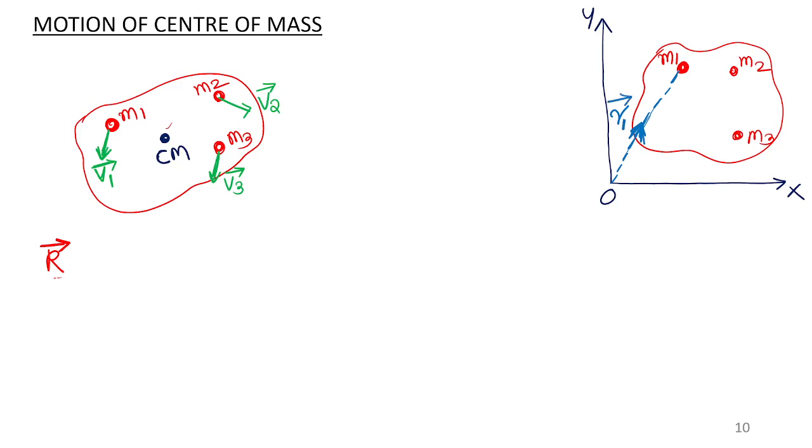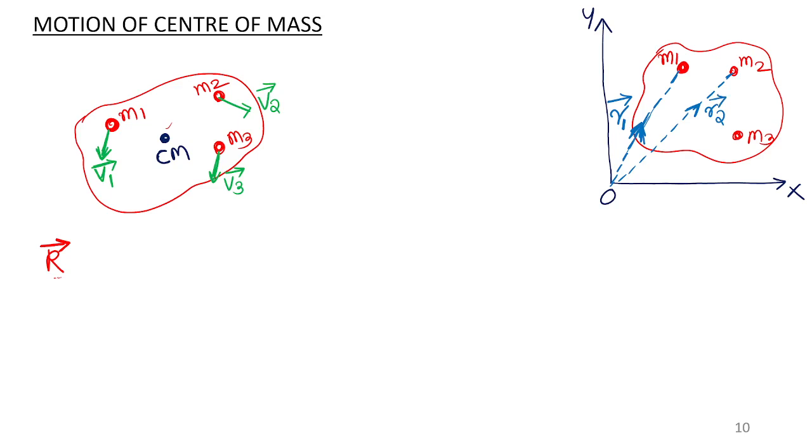Now m2. Let me join O and the position of m2. Can I join the position of m2 with the origin? Yes. We get a vector. It is denoted by r2. r2 is the position vector of m2.